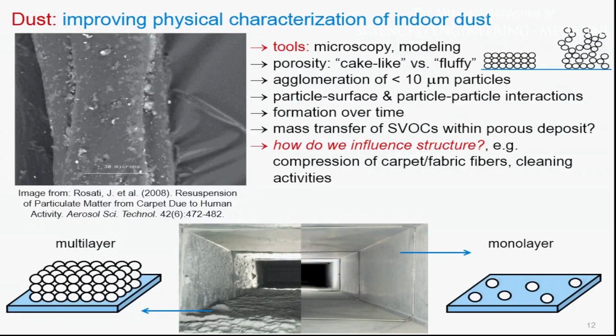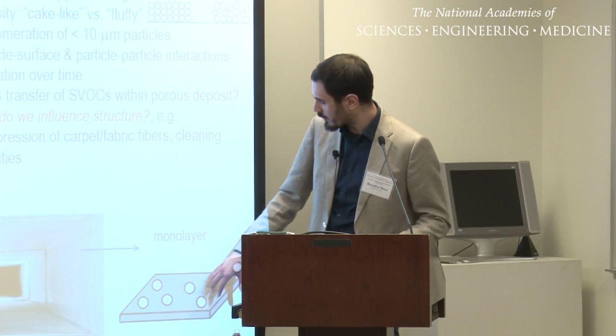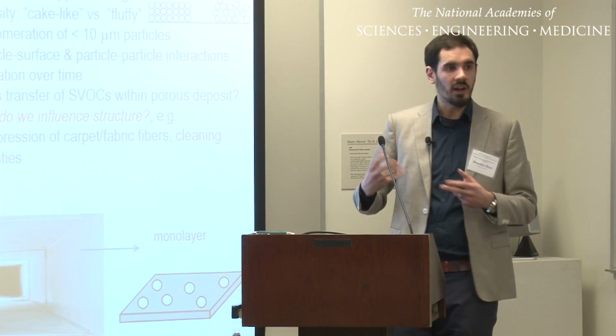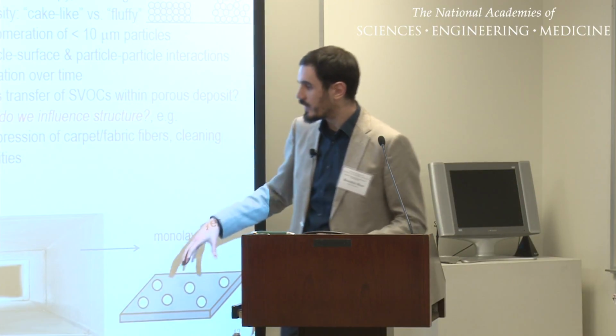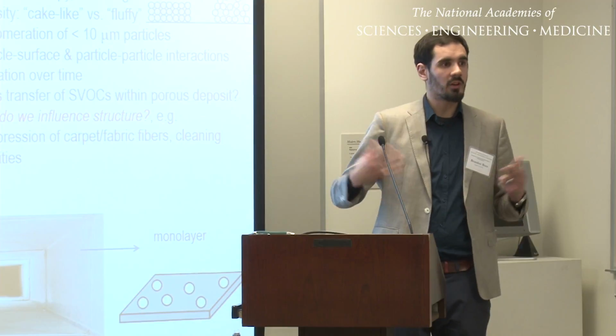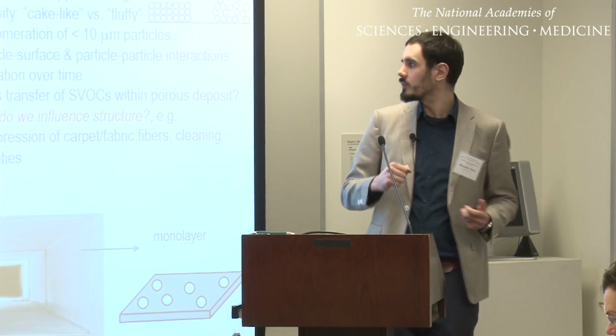So there may be a shift in this porosity and agglomeration of particles. We can broadly classify these deposits as heavy multi-layer deposits, where you have significant particle interaction, and then sparse monolayers where the particles are not in contact with one another. And this has been shown to significantly impact the number of particles that resuspend from a surface.